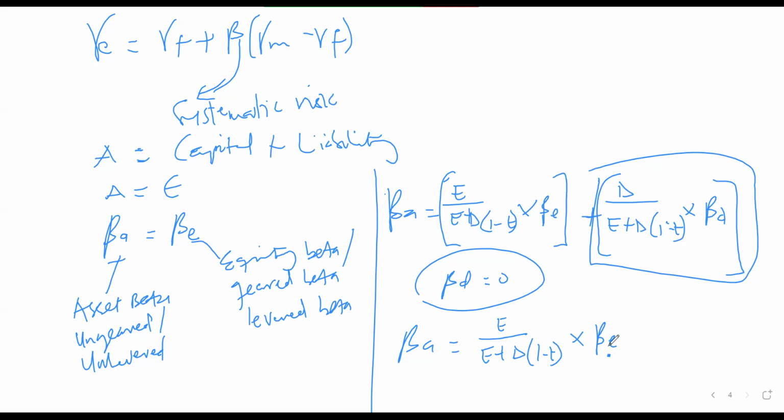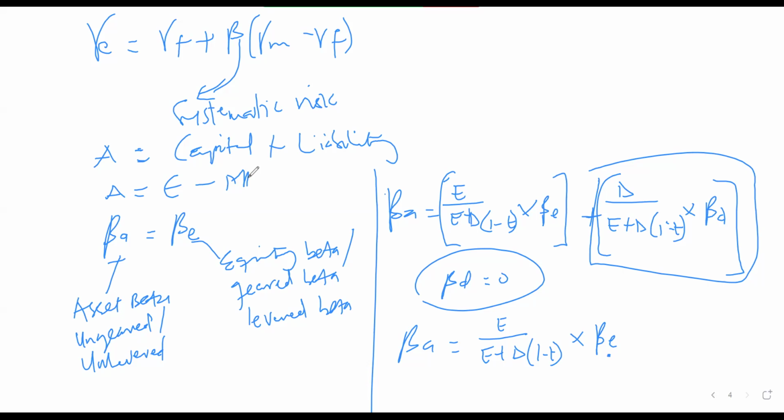When the firm was all equity finance, asset beta was equal to equity beta. But as soon as we introduce debt, asset beta is no longer equal to equity beta, because the risk level to equity holders will increase: financial risk, risk of bankruptcy, they will all increase. So you need to determine the risk to equity holders after introducing debt, and that is what we call the geared or levered beta.